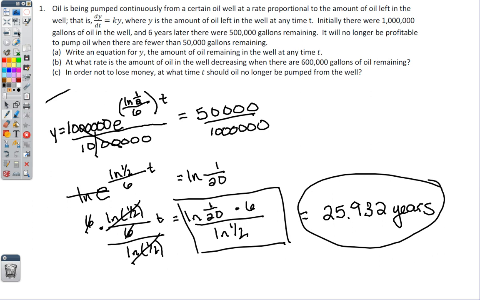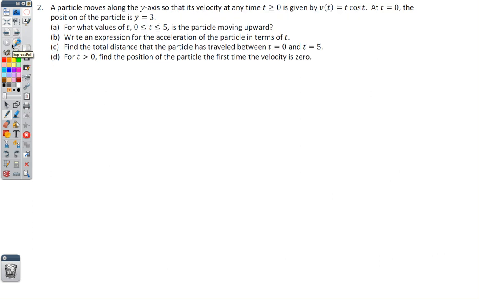Question 2. A particle moves along the y-axis so that its velocity at any time t greater than or equal to 0 is given by v of t equals t cosine t. At t equals 0, the position of the particle is y equals 3. For what values of t from 0 to 5 is the particle moving upward?